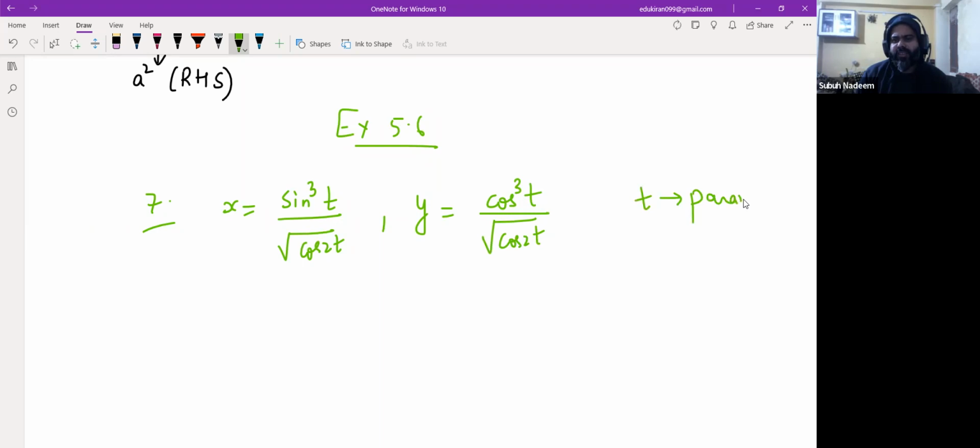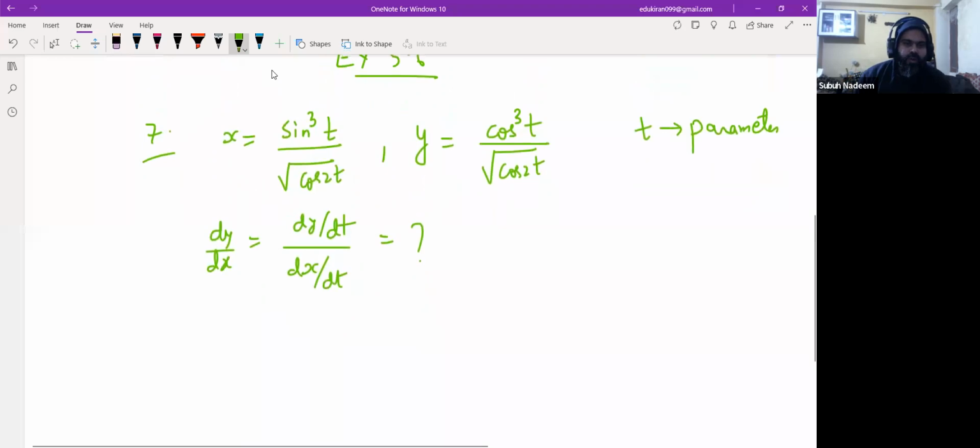The parameter is which varies. So if you want to find dy by dx, our task is to find dy by dt and dx by dt and then divide it. So for dy by dt, we'll differentiate this y with respect to t.